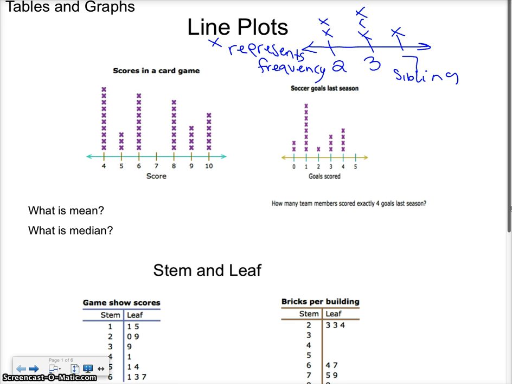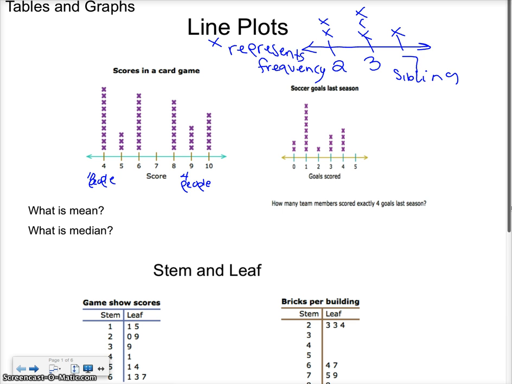So how many times people scored a 4 is 1, 2, 3, 4, 5, 6, 7, 8, 9, 10. 10 people scored a 4. How many people scored a 9? 1, 2, 3, 4. 4 people scored a 9. So we can analyze our line plots that way.